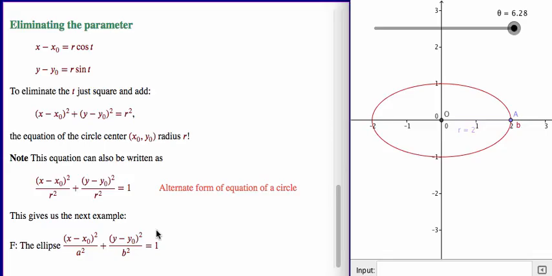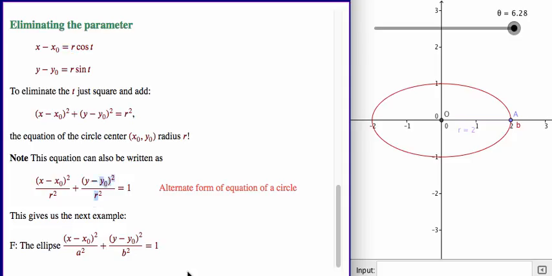If x naught and y naught are both 0, this ellipse is centered at the origin. And how do we parameterize it? Well, think of where the r's go in the parametric equations. The r from the x is over here, and the r from the y is over there. So this r is really the first one, and that r is the second one.